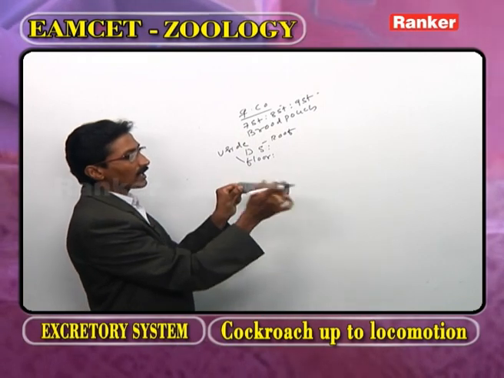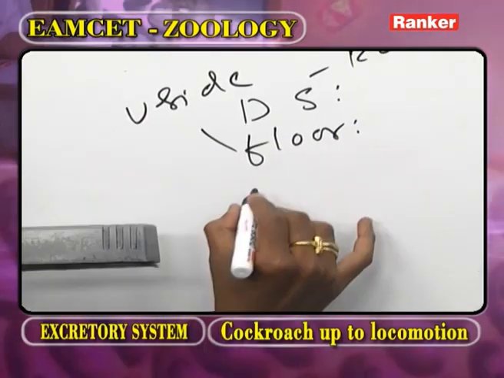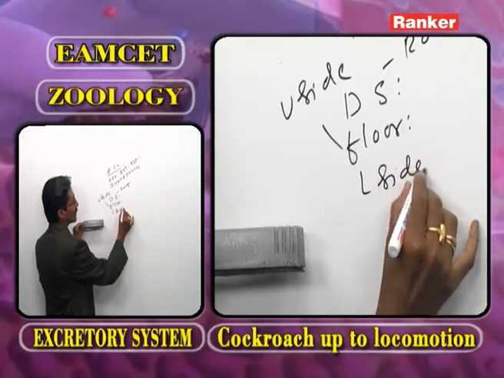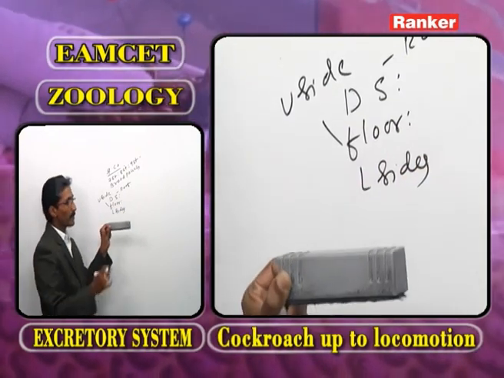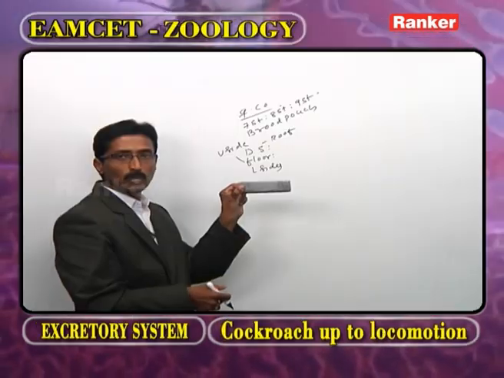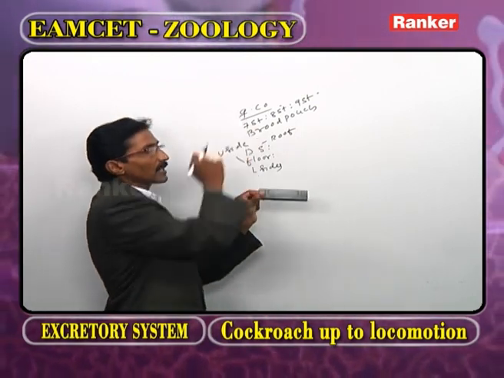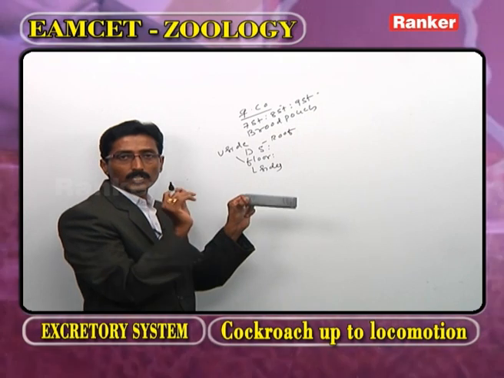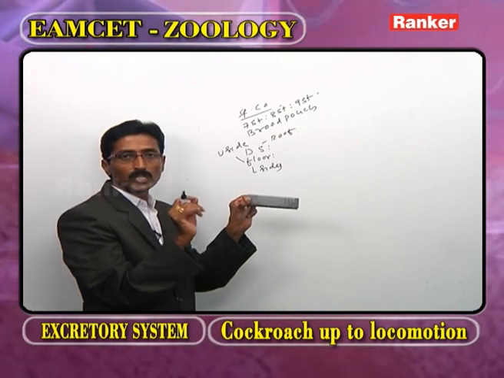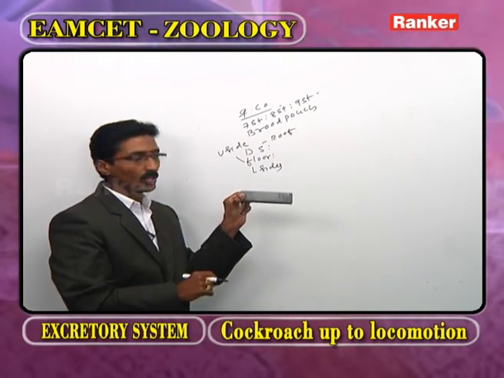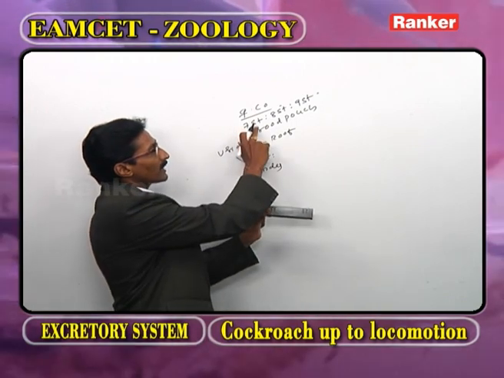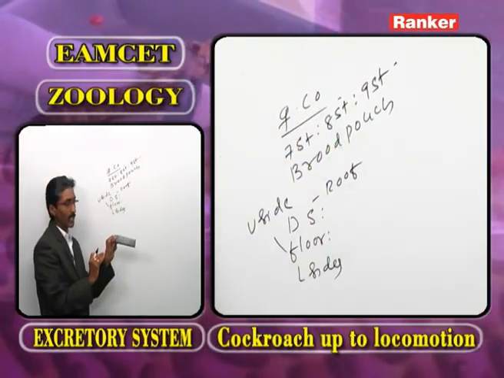Now, these are called the lateral sides. Again repeating, this is the brood pouch, a permanent box-like structure present in the body of female cockroach. Due to the presence of brood pouch, we can identify the female cockroach. It is formed by 7th, 8th, 9th sternal plates.